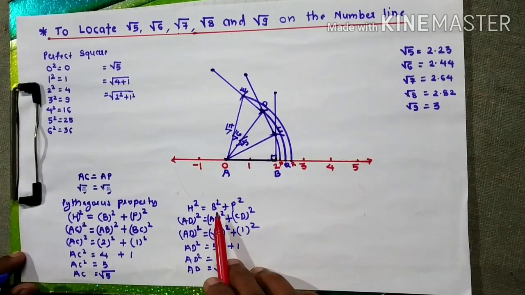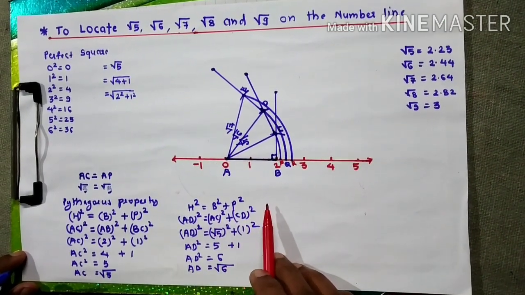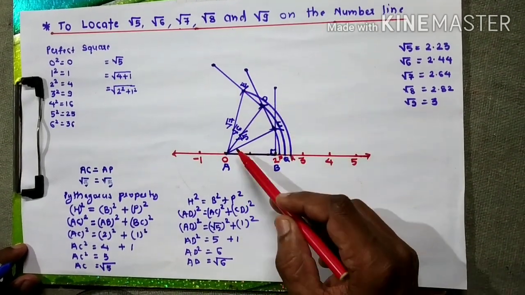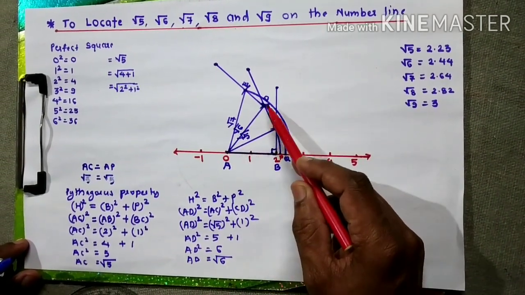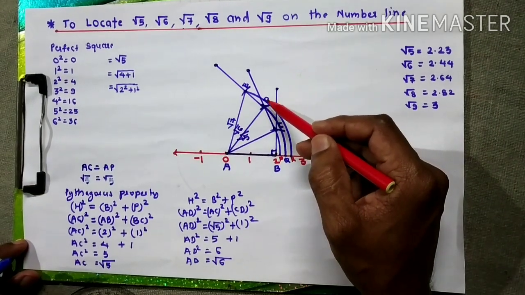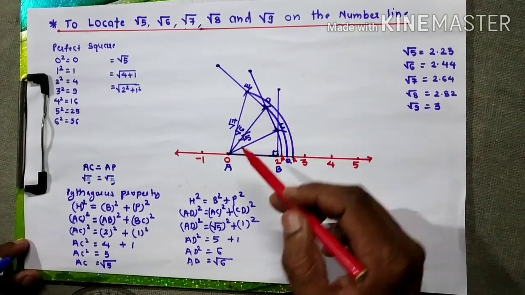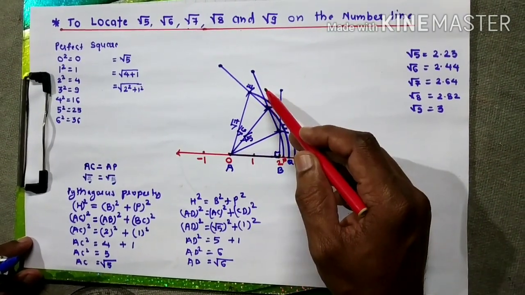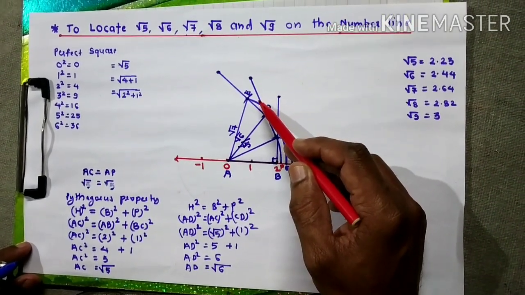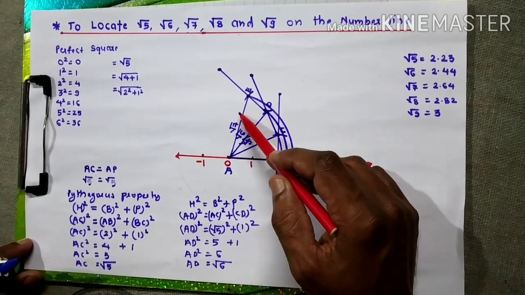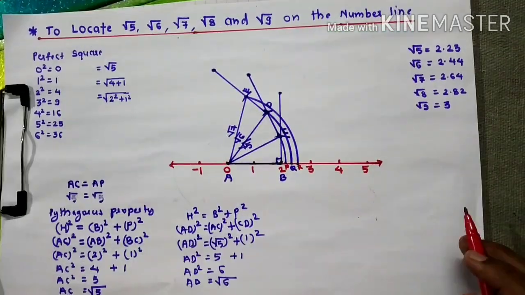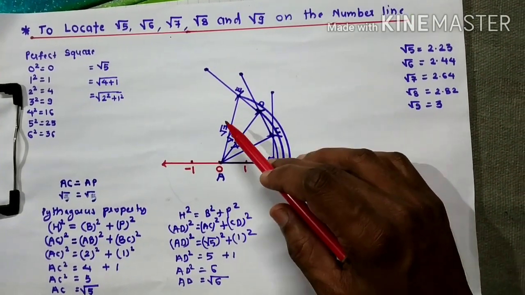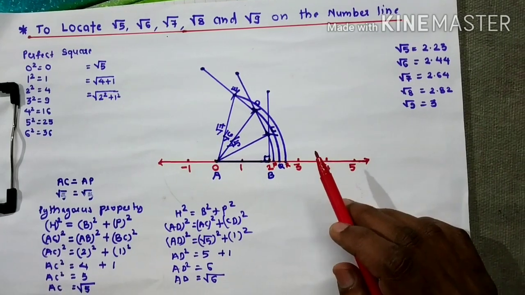Hypotenuse square is equal to base square plus perpendicular square. So hypotenuse square here will be AE square. Base you have to take AD square, and perpendicular you have to choose DE square. So here base will be root 6 square and perpendicular is 1 square. After calculating this, you will get the root 7 value.